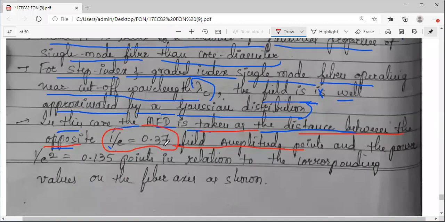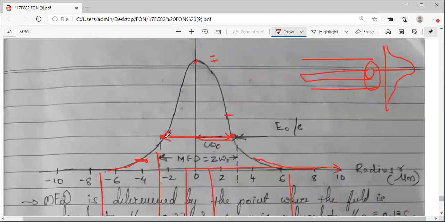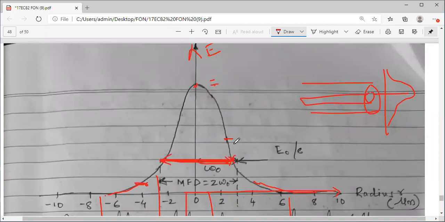So this is the field property. We are talking in terms of fields, so don't think that we are talking about the diameter of the core. No. We are talking about the field. So if you mark this as 0.37, the opposite point is here. If you take this total distance, this will be your MFD.